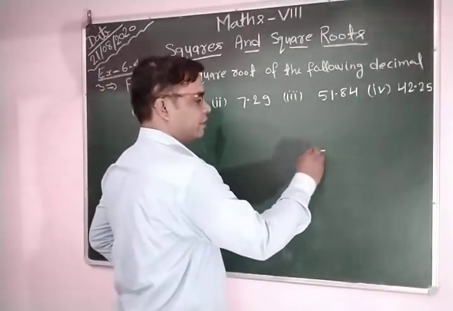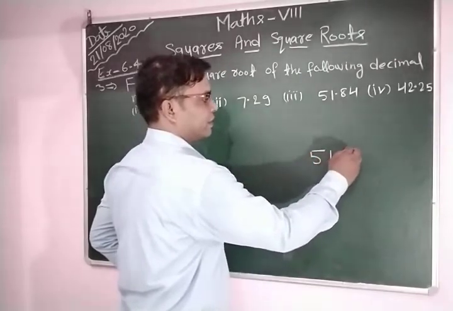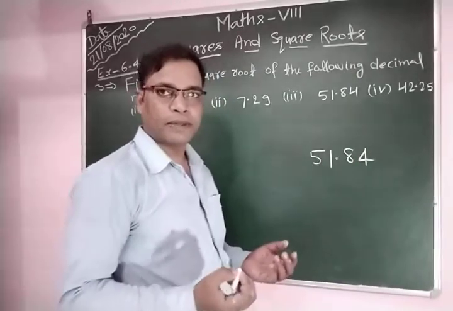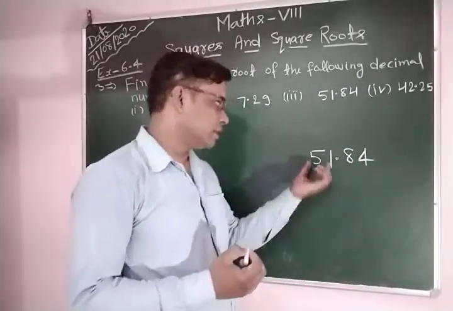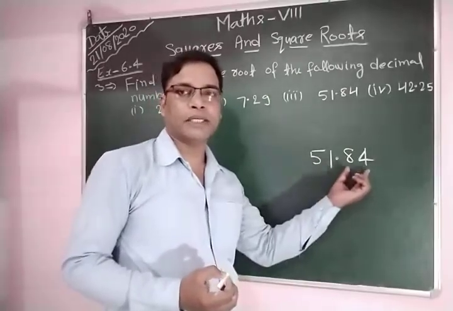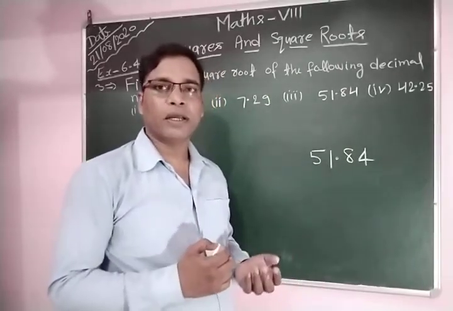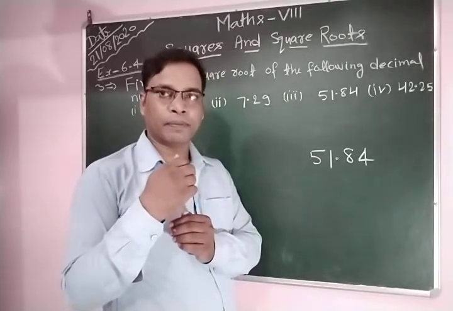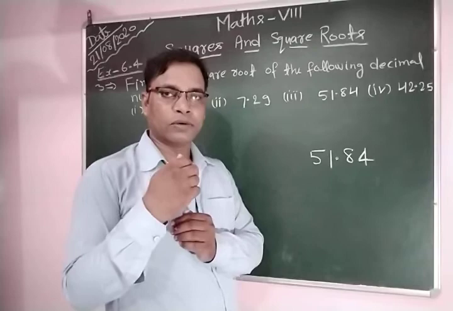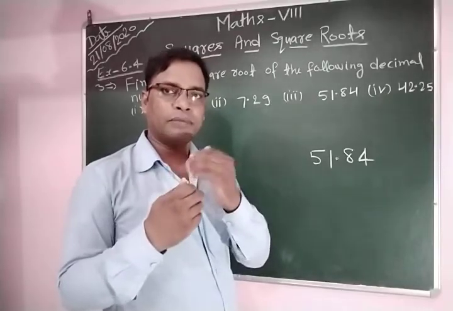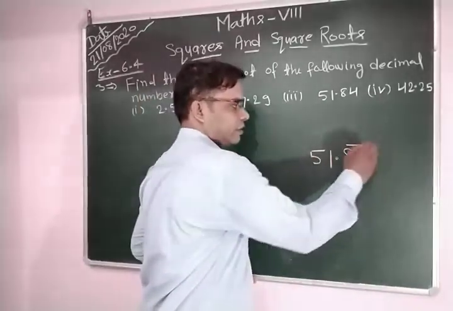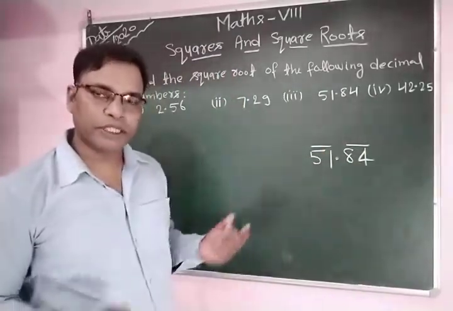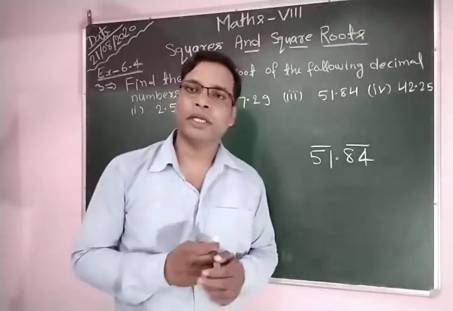We can write here 51.84, and put the bar over the digits. This is the integral part, this is the decimal part. In the integral part you make pairs from right to left, and in the decimal part you put bars over the pairs from left to right. You have two bars, two pairs. It means that the square root of this number is in 2 digits.